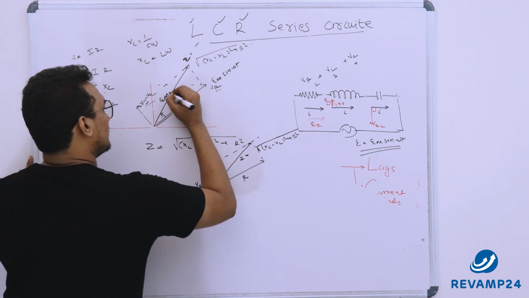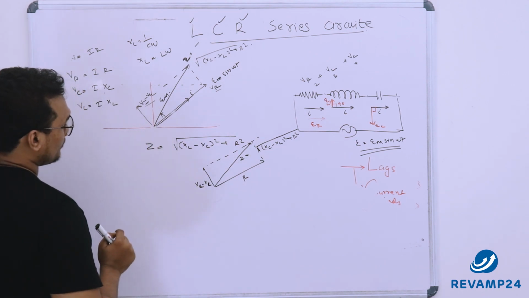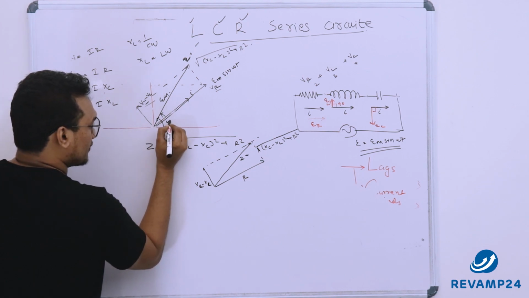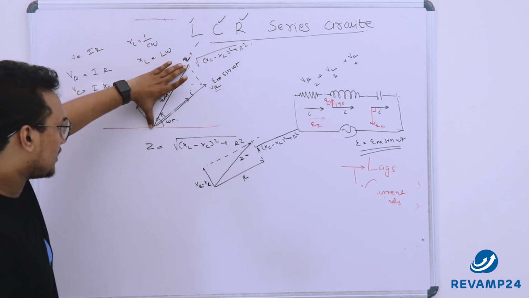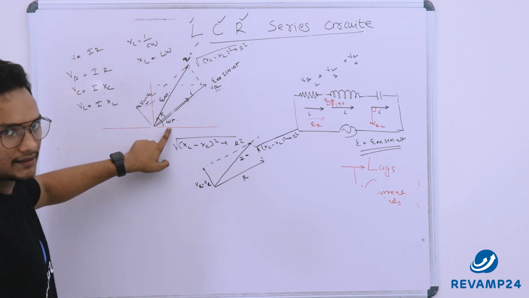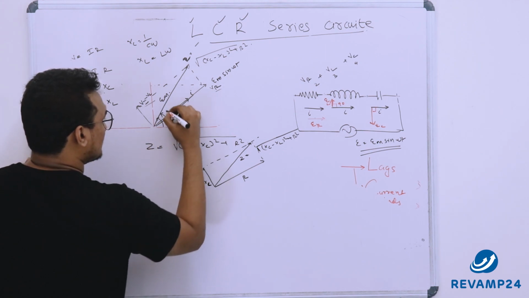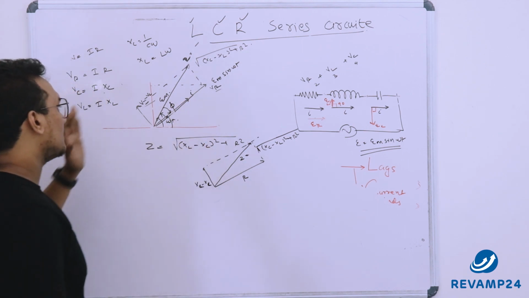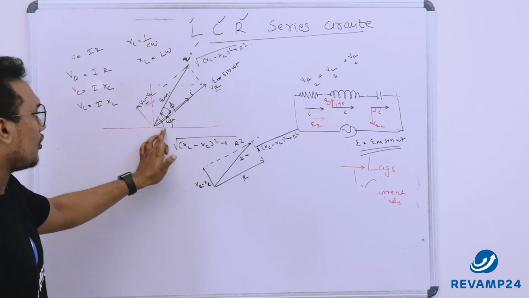Okay, now here I can say that, see, if I am considering this as omega t, that is with respect to x, my net potential makes an angle of omega t, then my current is nothing but, you know, phi angle less than omega t.